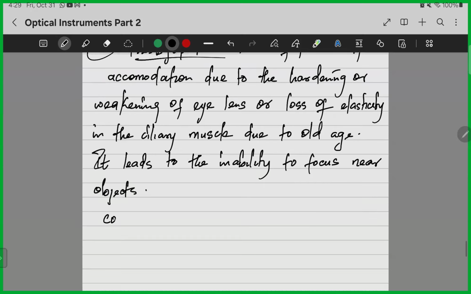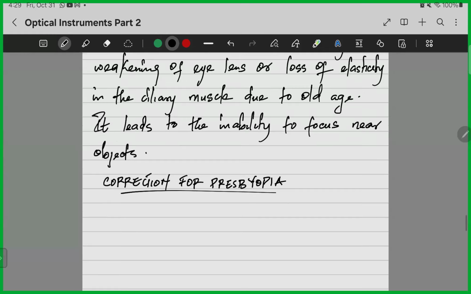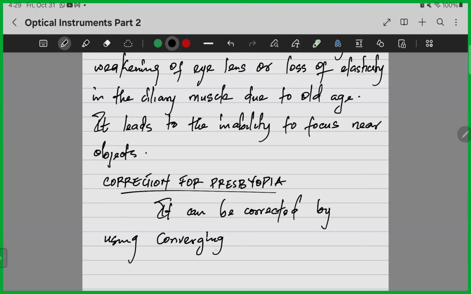And I will call something the correction for presbyopia. It can be corrected by using converging lenses.